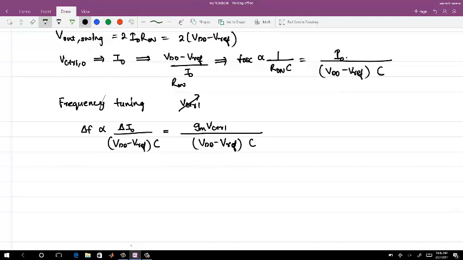So in this case, the frequency of oscillation or delta F of oscillation is directly proportional to V control, in contrast to the previous one, which was inversely proportional to V control. And your V out swing is fixed to 2 times VDD minus Vref.